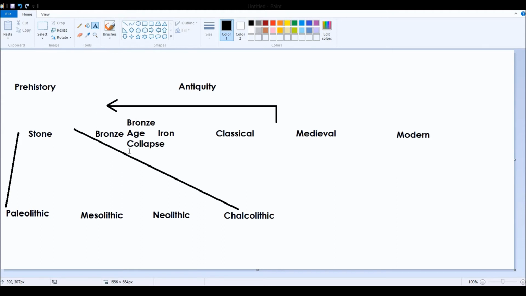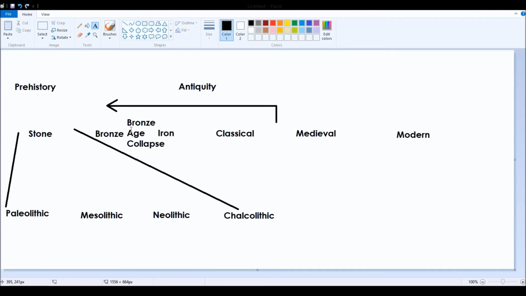But generally, what historians can agree with is that many of these cultures primarily used bronze before the Bronze Age collapse, and then primarily used iron after the Bronze Age collapse, possibly due to bronze becoming more expensive or new techniques being used in iron working.